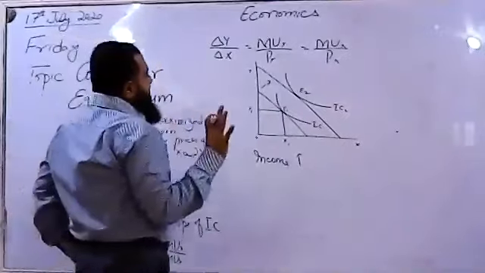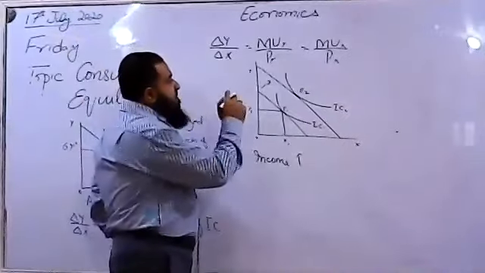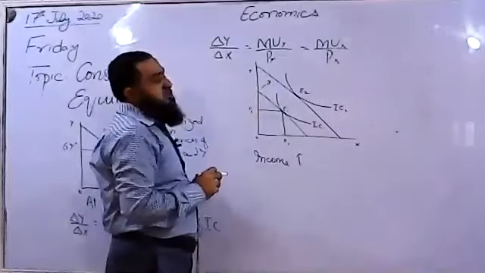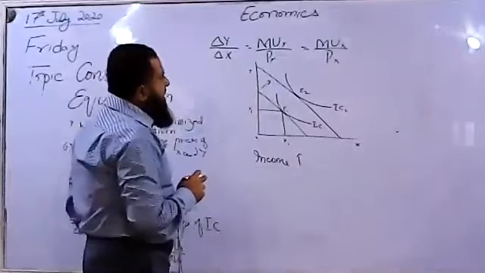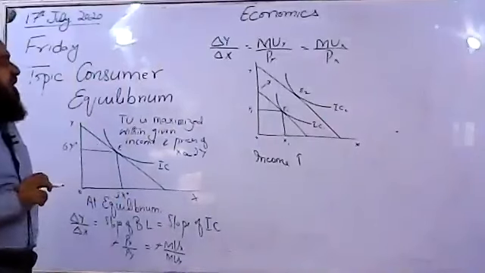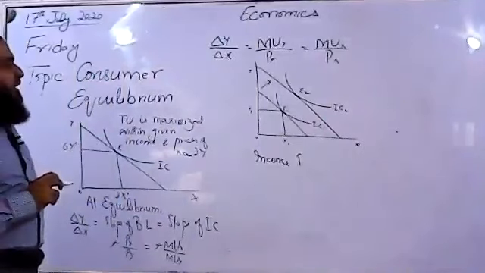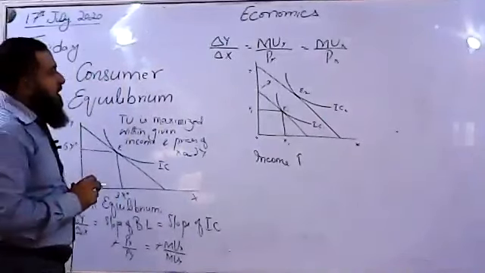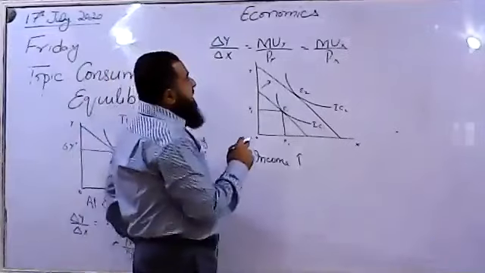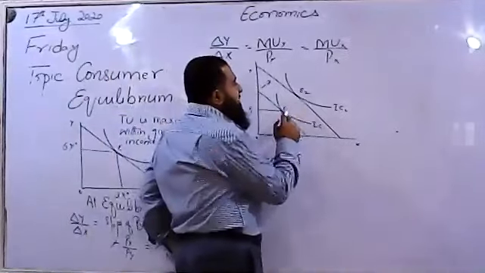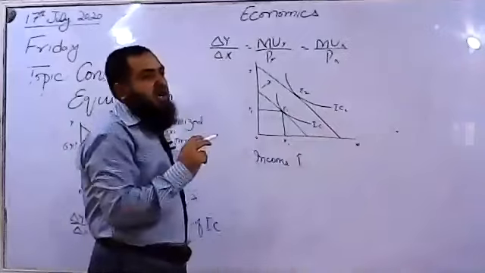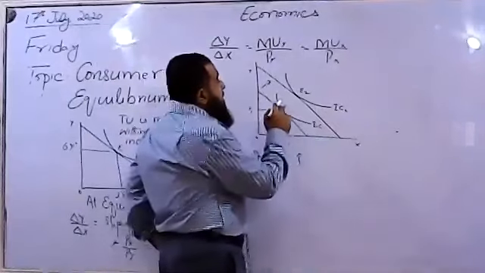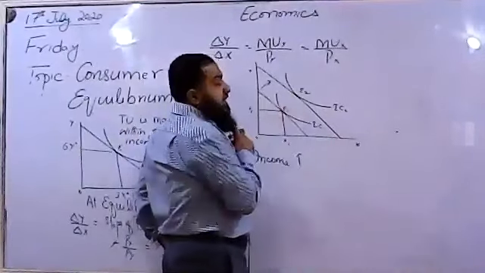Prices haven't changed; only the income of the consumer has changed. So when nominal income increases, the budget line shifts rightward, and he is at a higher level of welfare.